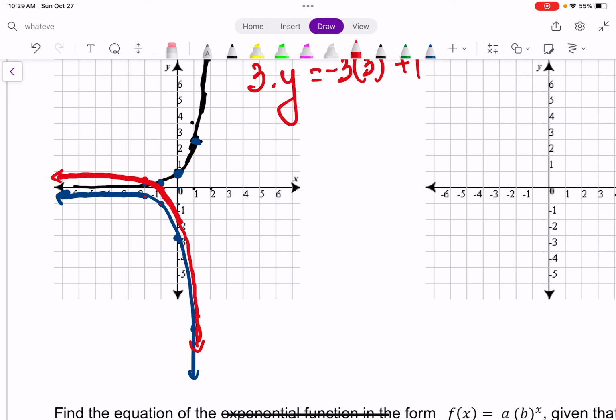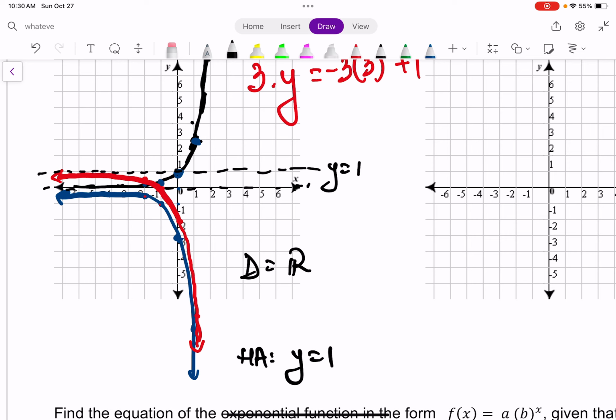Again, our horizontal asymptote that before was the x-axis, now moved up simply 1 unit to y equals 1. So the domain is all real numbers. The horizontal asymptote is y equals 1. So again, the points shifted up, and so did this horizontal asymptote. There's still a barrier. You can't move past 1.